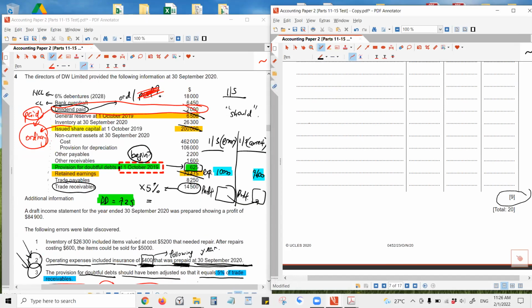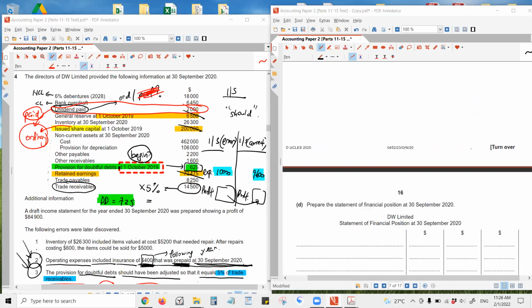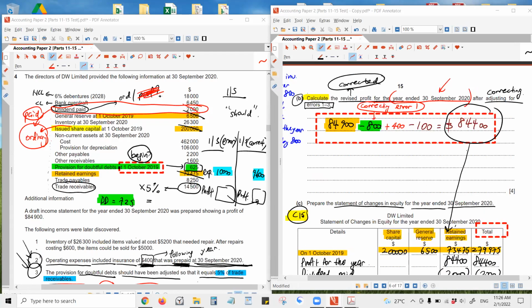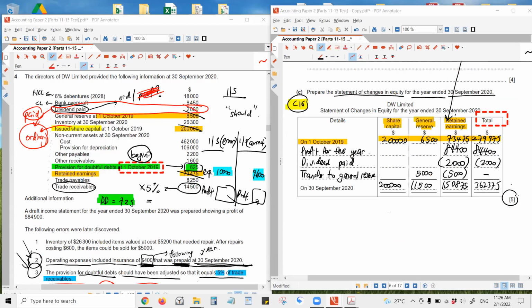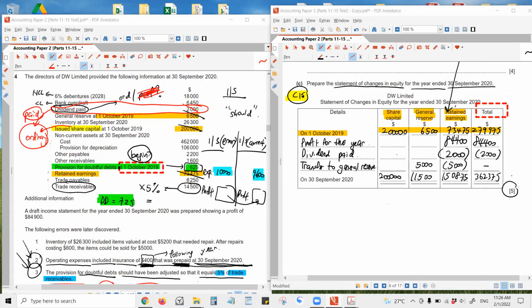Okay, one of you has asked a good question. Let me repeat the question to all of you. Just now, when I was doing this SOCIE table, the first thing I did was find the balances of share capital, retained earnings, and general reserve at the beginning of the year, right?